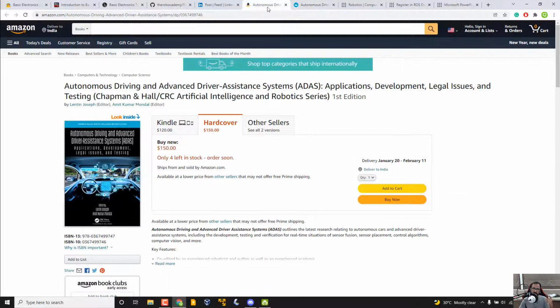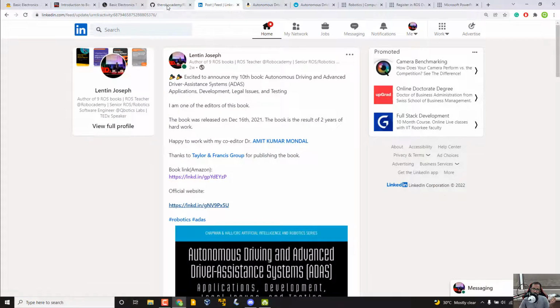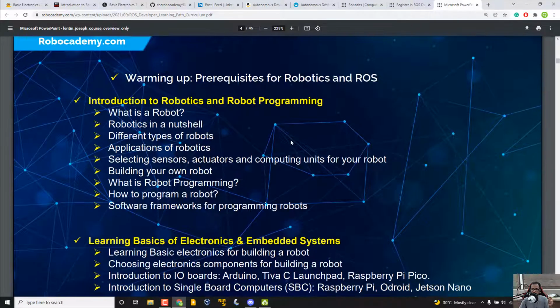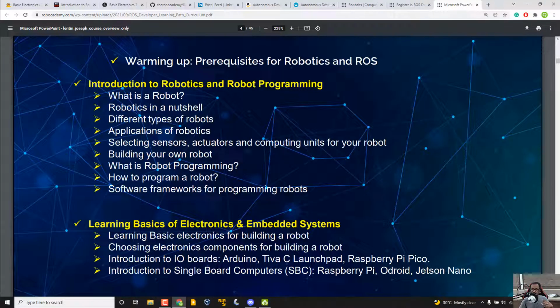My plan was that in parallel we just started with the robotics, right? We just started with robotics, and I'm pretty sure that these basic things are not enough if you are planning to pursue your career in robotics.